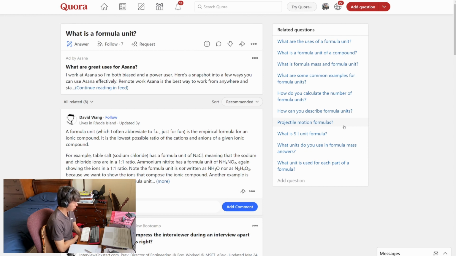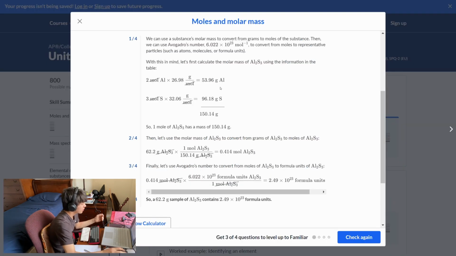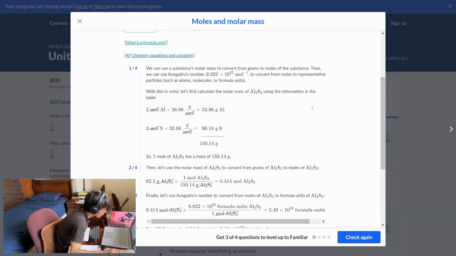Table salt has a formula unit of NaCl, sodium chloride. Sodium and chloride ions are in a 1-to-1 ratio. Ammonium nitrite has a formula unit showing the ions in a 1-to-1 ratio. So it's the ratio of the ions? What? But that's not what this says, does it?